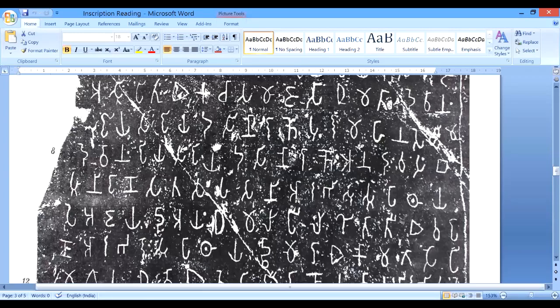Then a, ra, bhakara and ikara. Arabhi. Arabhisu. Then su. One is short ukara and one is long ukara. Arabhisu. Then it is a break.